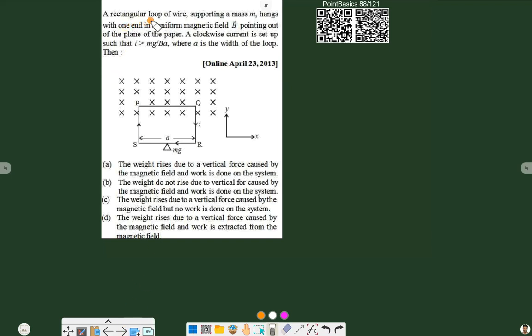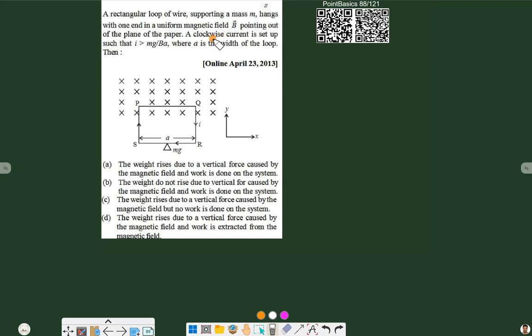A rectangular loop of wire supporting the mass m hangs with one of its sides in a uniform magnetic field B pointing out of the plane of the paper. So the magnetic field pointing out, it should not be pointing outward, it should be pointing inward, because as per the cross we have the field in the inward direction.